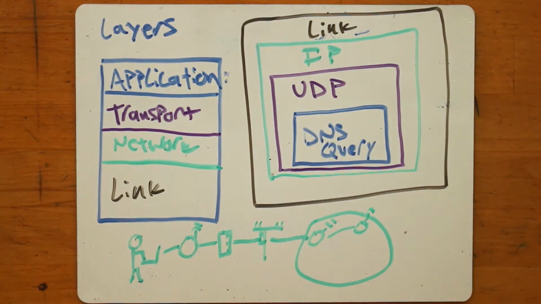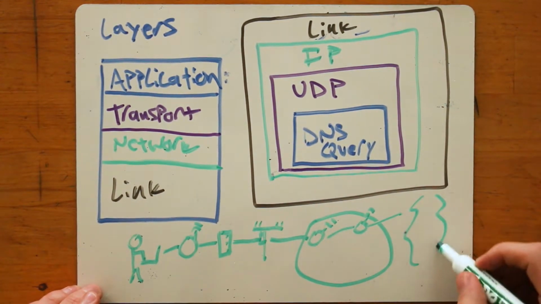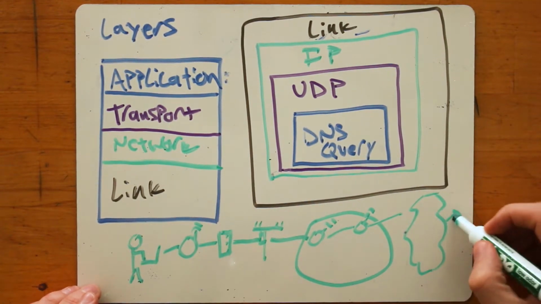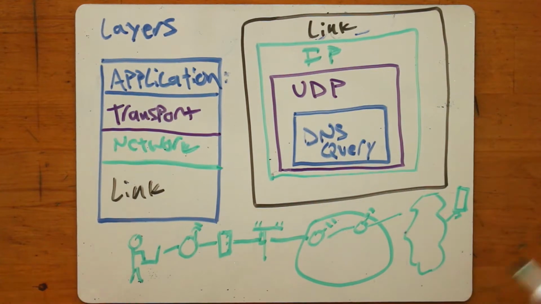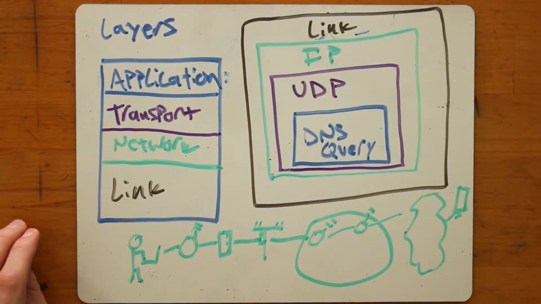And then it's going to get forwarded into another network, so on and so on through the internet, which is this little cloud, and then out eventually at Google's server. Okay, so here's an abbreviated topology of where our data is going to go.